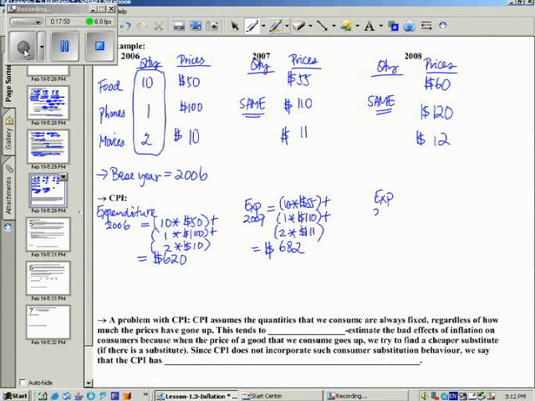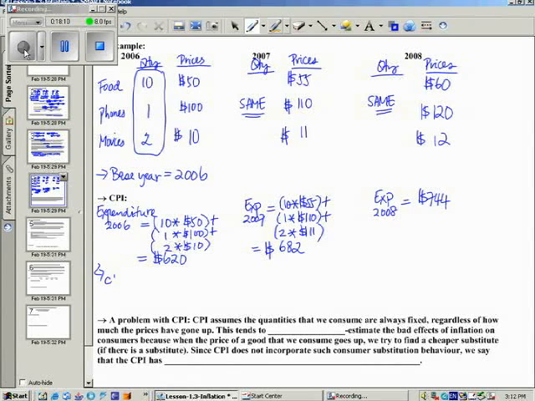I can do the same thing for 2008. You should try this as an exercise. What I will get towards the end is $744. That is my expenditure in the year 2008. How do I get my consumer price index from here?